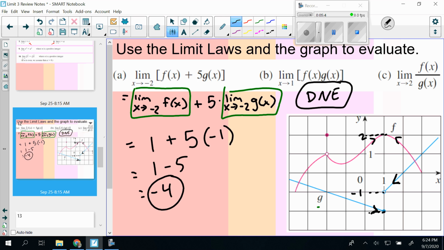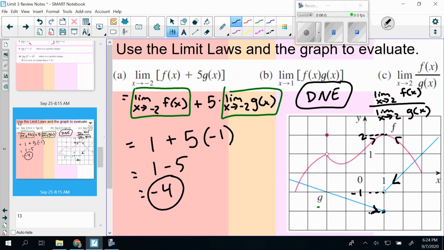On the last one, we should be able to split these up into two different limits again by taking the limit as we approach 2 of the top over the limit as we approach 2 of the bottom one. Oh, sorry, we're approaching 2 on this one.